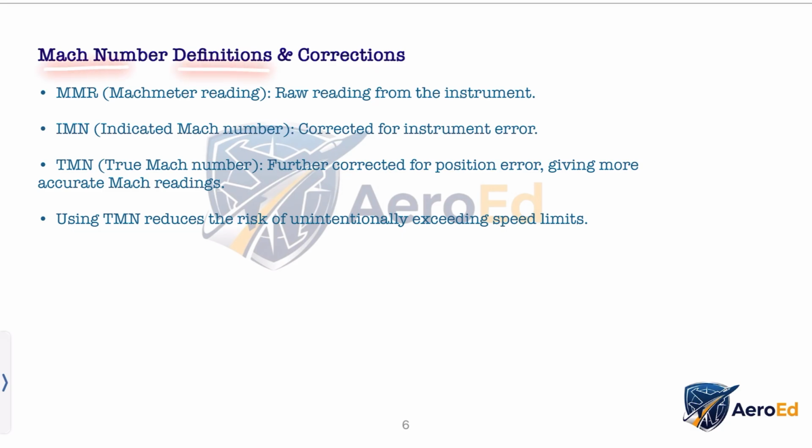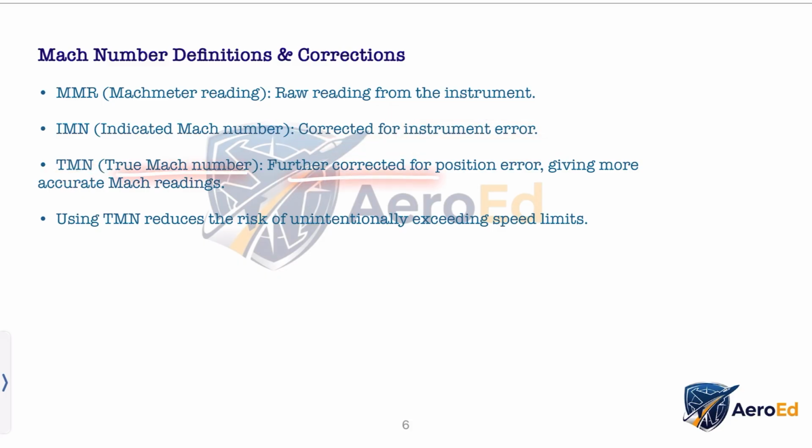Mach number definitions and corrections. The first one is MMR, which is Machmeter reading. These are the raw readings from the instrument. Next one is the IMN, which is indicated Mach number. This indicated Mach number is corrected for instrument error. The last one is the true Mach number, TMN.